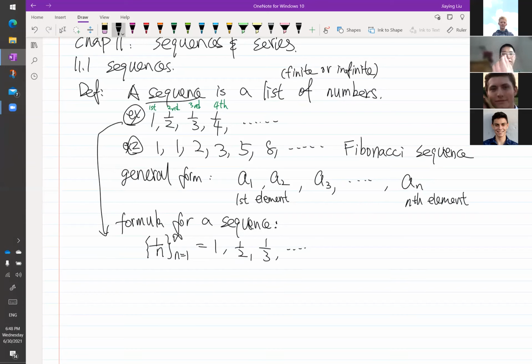It's difficult to find a formula that applies to all terms, like just changing the n to get all the elements. It's difficult, but for the Fibonacci sequence, what we can see is that the first element, A1, is always 1.